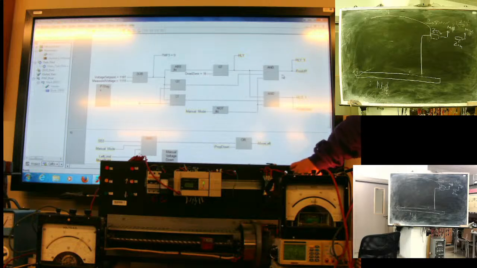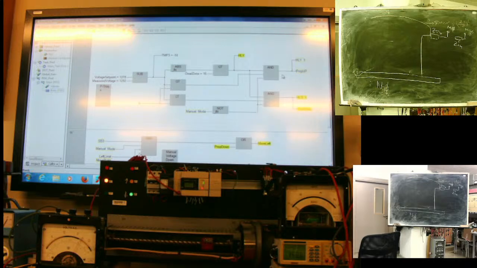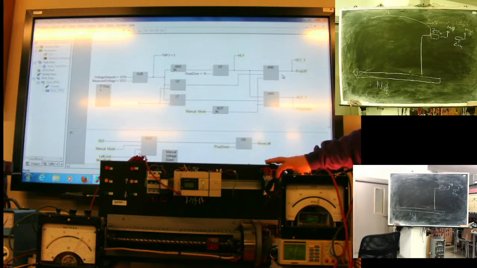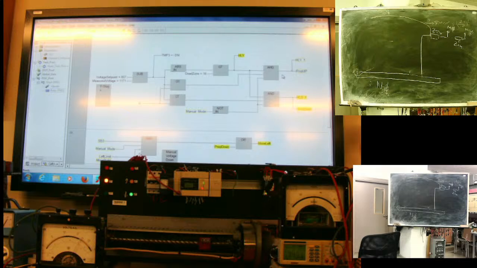For example, I drop load. I drop load completely. Look what happened. I increase load. Voltage decreased at some moment, and system compensated it with the movement of the rheostat. If I change set point, I'll set to approximately 100 volts.